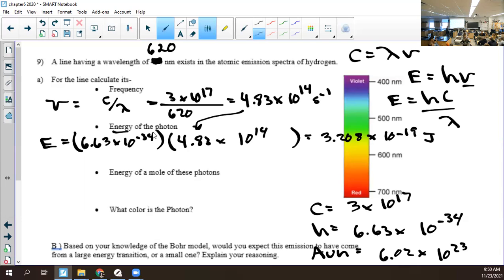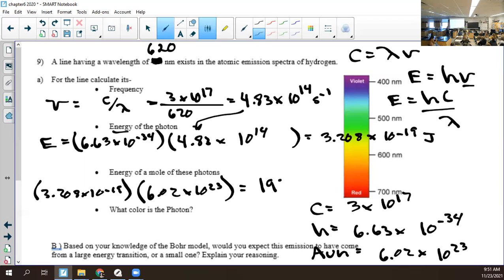All right, this is a photon. So for the energy of a mole of these, you take your answer, 3.208 times 10 to the -19, and you multiply that by Avogadro's number, 6.02 times 10 to the 23rd, and you end up with something. 125.